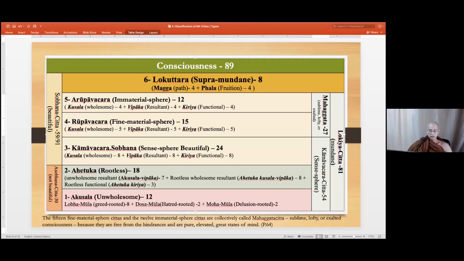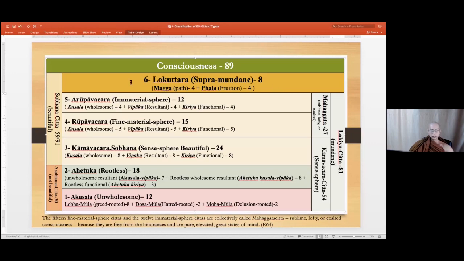Without meditation practice, they cannot arise. They need specific conditions to become sublime, so they are regarded as sublime consciousness. Together, the 54 sense-sphere consciousness and 27 sublime consciousness become the Lokiya Chitta. Lokiya means mundane. So only the category of supramundane is left.